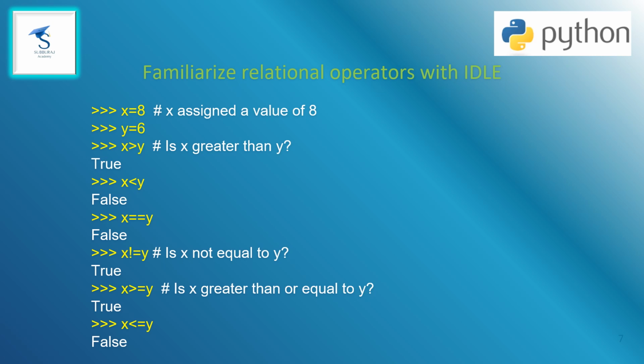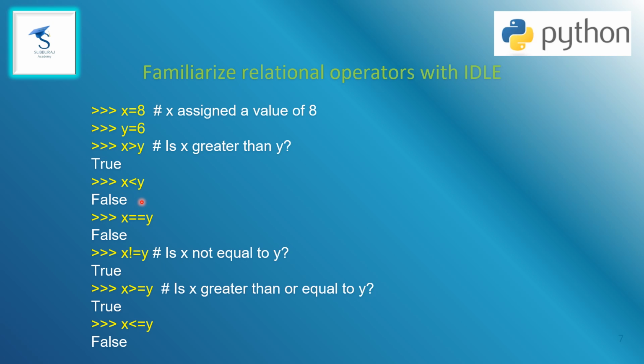I have used the IDLE shell. Look at the first statement: I am assigning x equal to 8 and y equal to 6. I check x is greater than y. Yes, it is, so it is true. This is how we check a relationship.